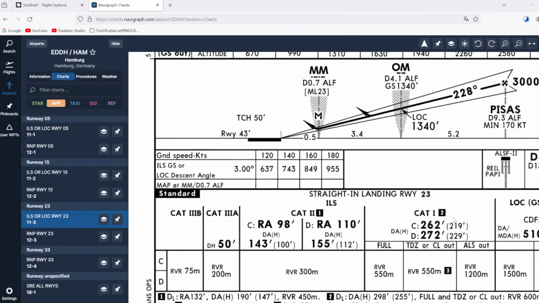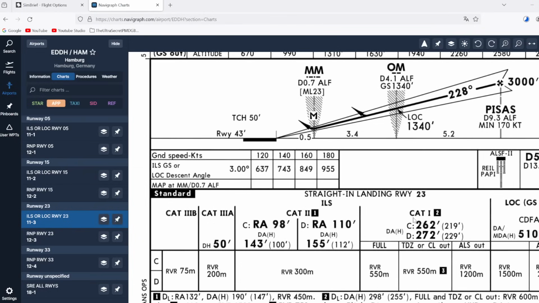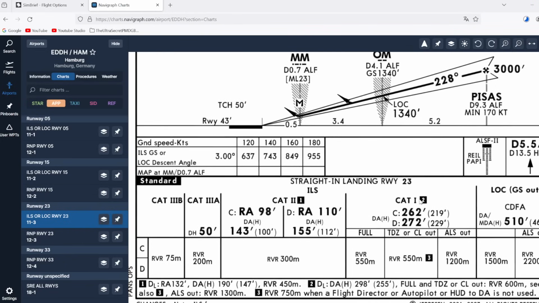So even though the first look at the minimum of 262 would make it seem to be a Type A approach, it is actually a Type B approach because we need to take the height and not the altitude into consideration to determine the type of approach. In other words, Hamburg runway 23 is a Type B approach.